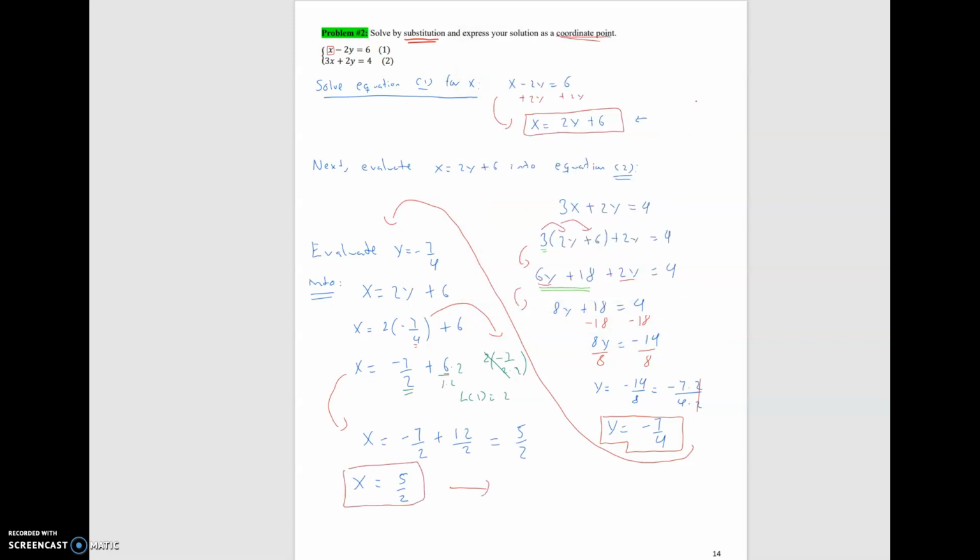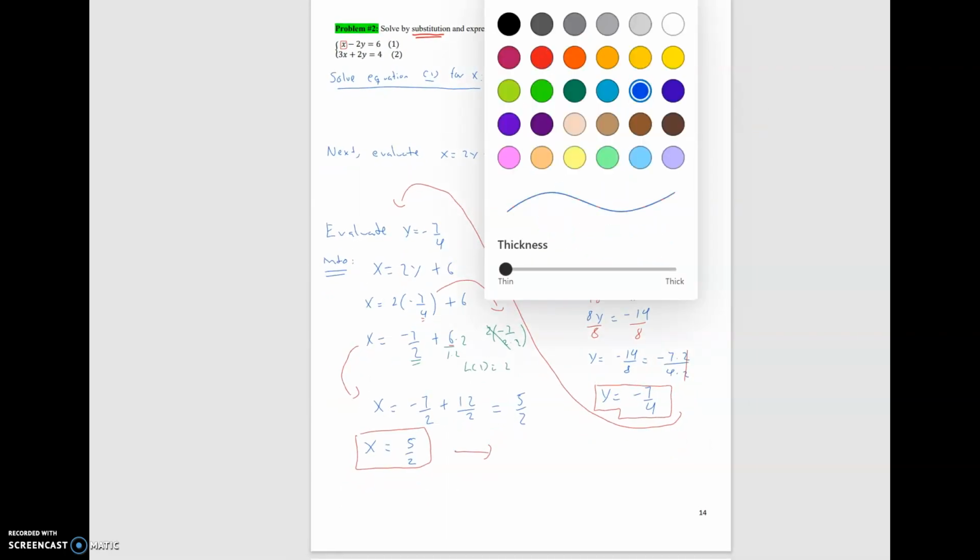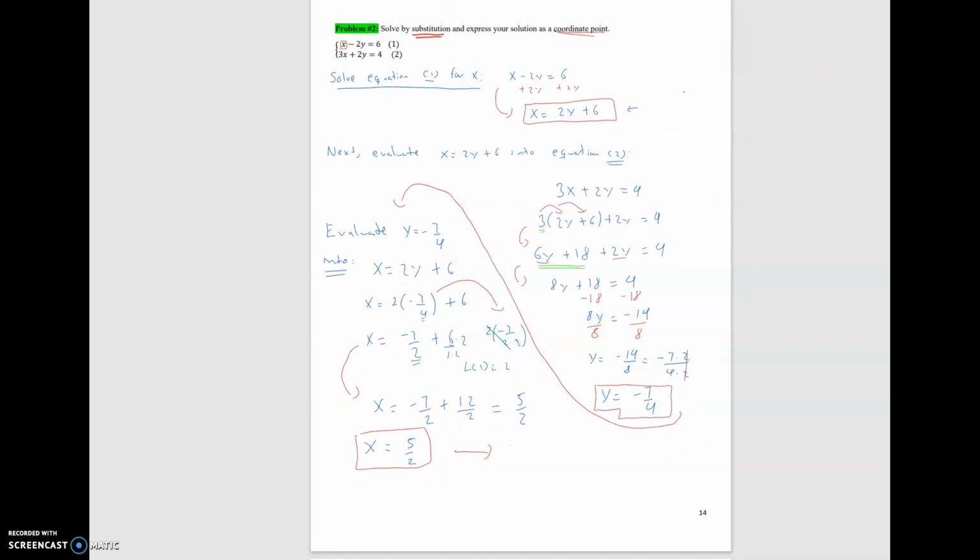And then at this point, we could actually write out our solution. So this one was a little bit messy. So the solution, as an x and y, is 5 halves, comma, negative 7 fourths.